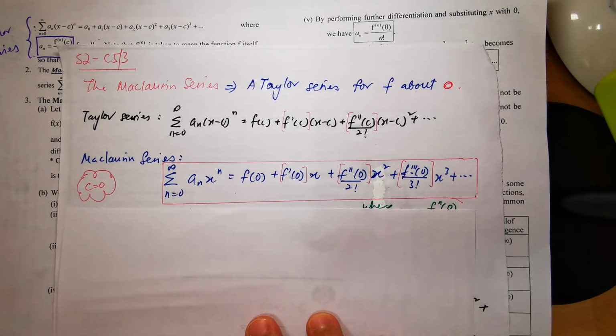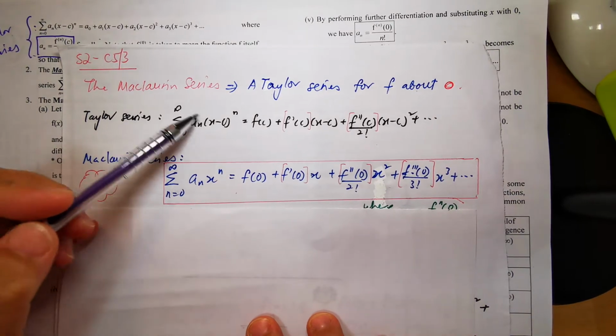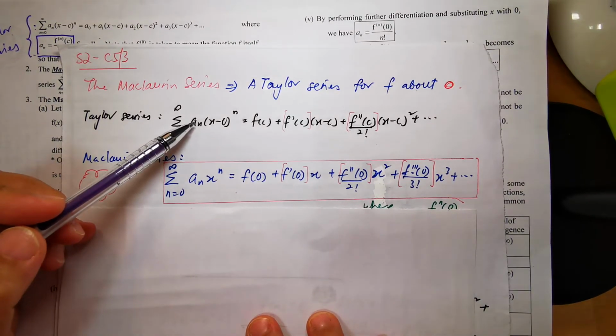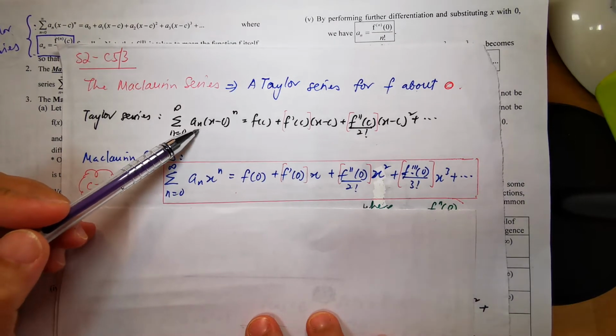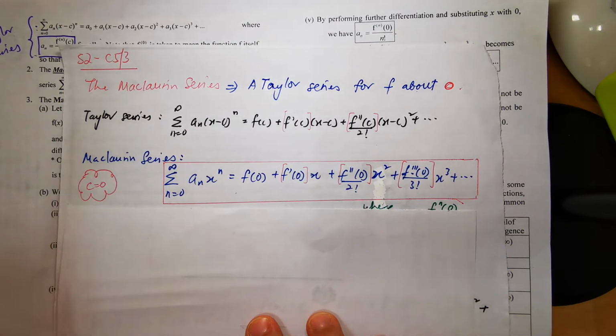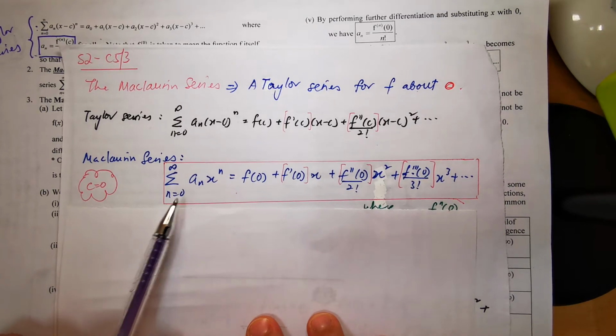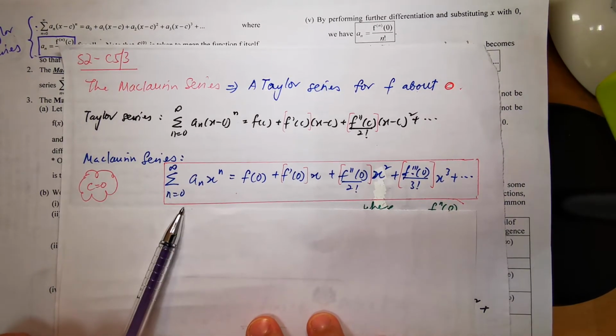Then from power series, we go to Taylor series with the concept that the coefficient must be equal to f^(n)(c) over factorial n, where Maclaurin series is a Taylor series where c equals 0. So this is what we call Maclaurin's series.